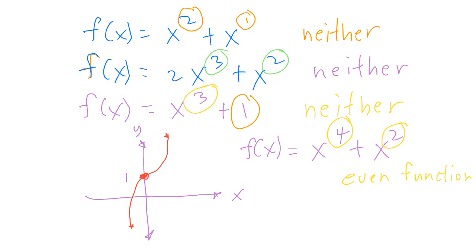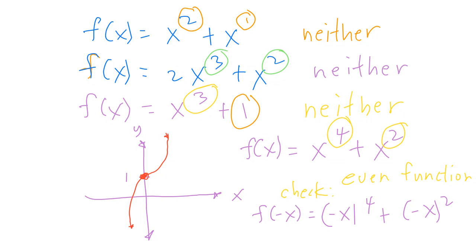If you want to check also by plugging in the negative x, you can actually do that. That would be f of negative x is equal to negative x to the power of 4 plus negative x to the power of 2. For an even power, the negative doesn't affect the term.